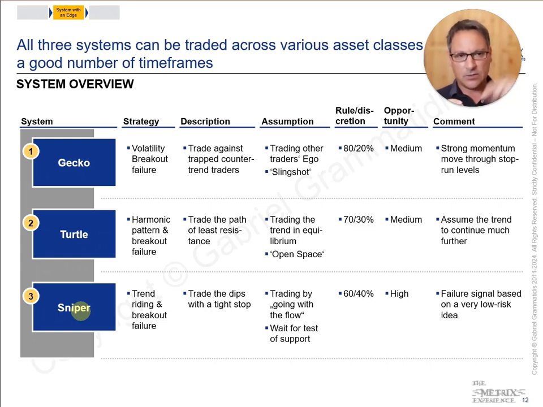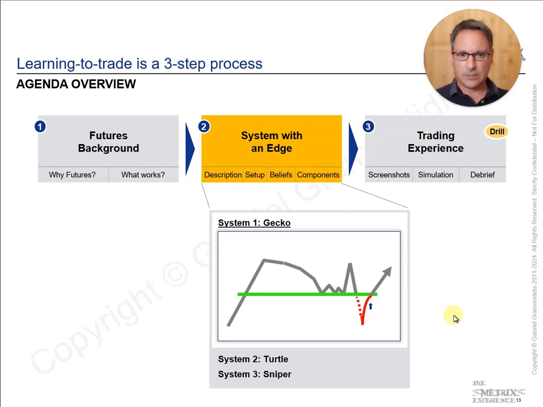If you've got a special type of trend, the super trend, the sniper can work wonders. So it's basically trading by going with the flow, and we're trading the dips. So we're waiting for failure signals again here. It's a breakout failure, basically, with failure signals based on a low risk idea.